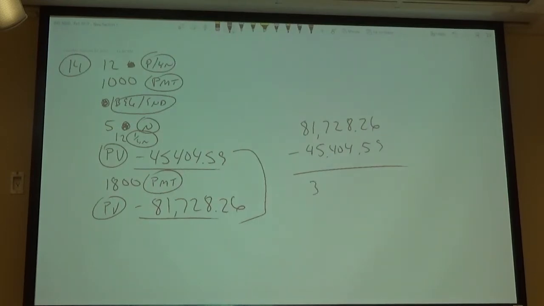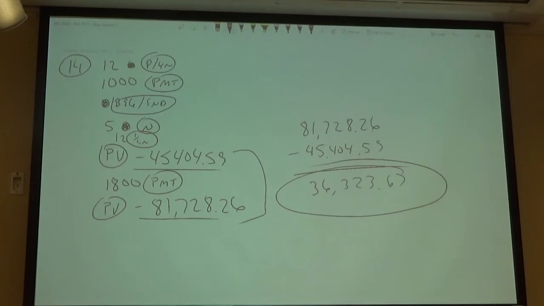So the value of the leasehold is $36,323.67. In other words, the tenant is getting 36 grand in terms of the value of that $800 a month for 5 years. Okay? Make sense?